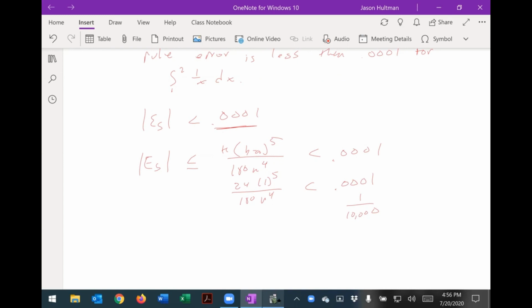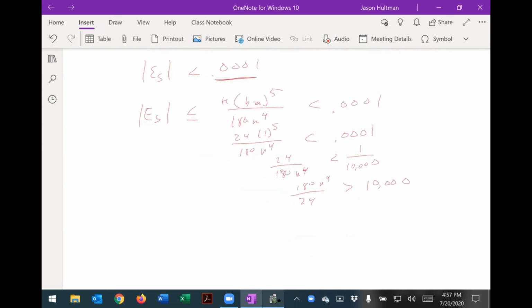So this is 1 over 10,000 is greater than or equal to 24 over 180 n to the 4th, and then I'm going to flip these upside down. Does anybody know what happens to the inequality when I flip fractions upside down? Yeah, the inequality sign flips. So this is going to be 180 n to the fourth over 24 is greater than 10,000.